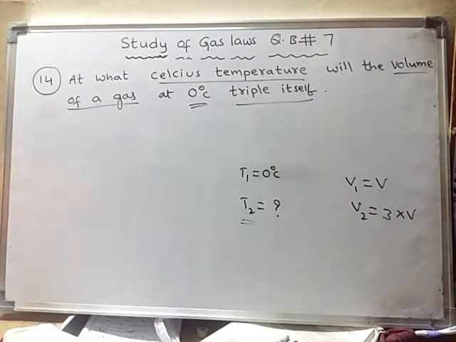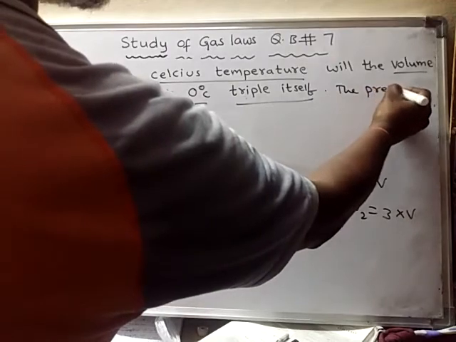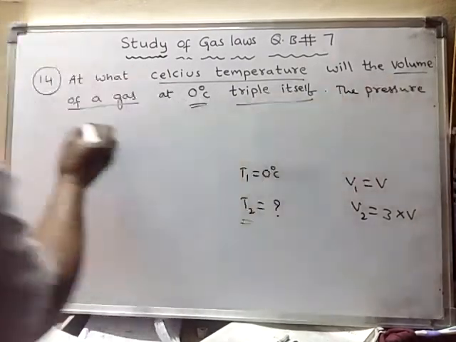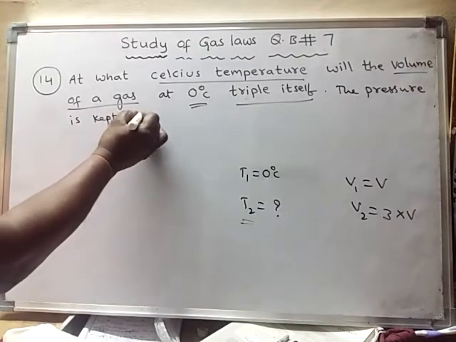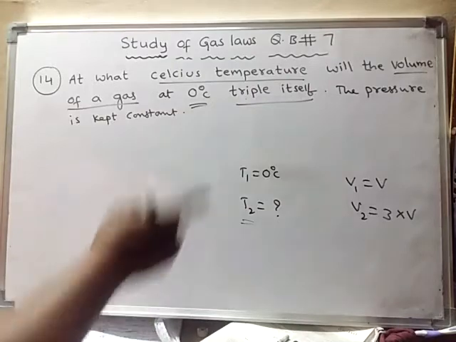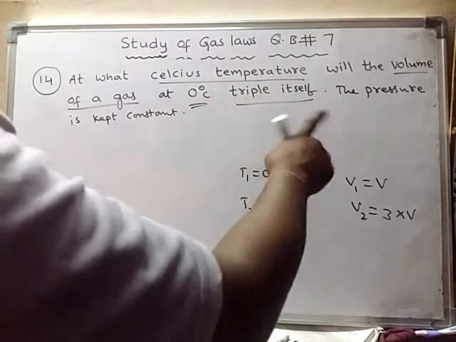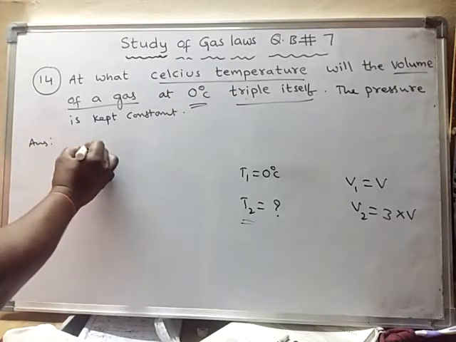Now, in the question, the pressure is kept constant. When pressure is kept constant and temperature and volume are changing, we have to recall the Charles law equation.